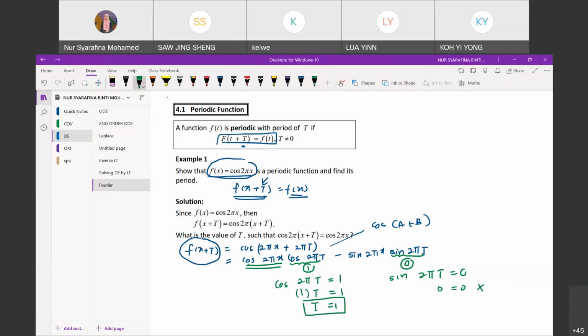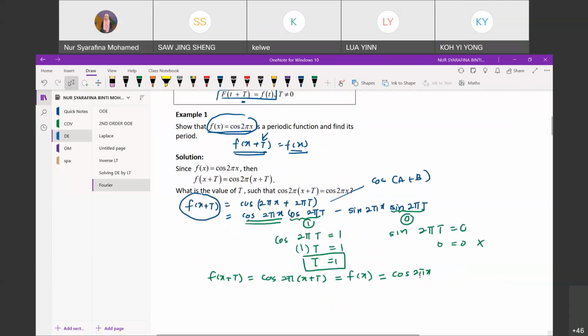So now f(x + T) = cos 2π(x + T) is equal to f(x), for which this f(x) is cos 2πx. So what we can conclude is that f(x) is a periodic function where T equals to 1. Is that clear?